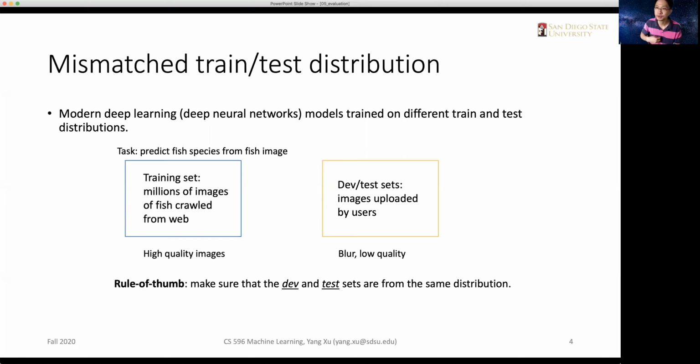What we can do is to use some low quality images to mimic or simulate the probable user cases.